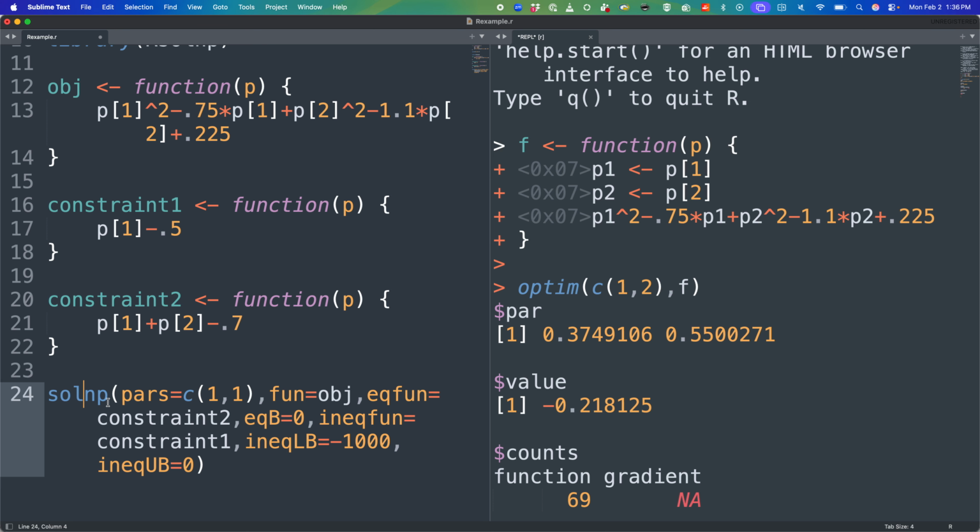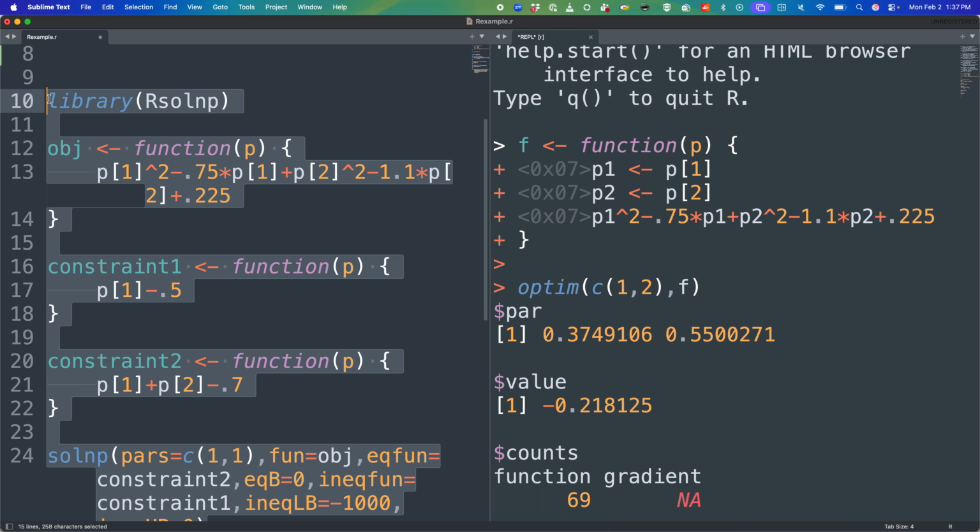There's a function called solnp where you can feed it function objects that describe your objective function as your fun input, equality constraints as your eqfun input, and inequality constraints as your ineqfun input. Okay.